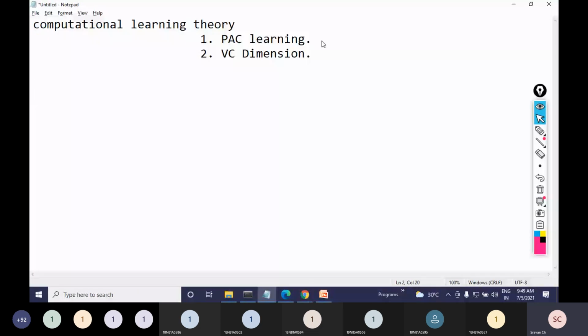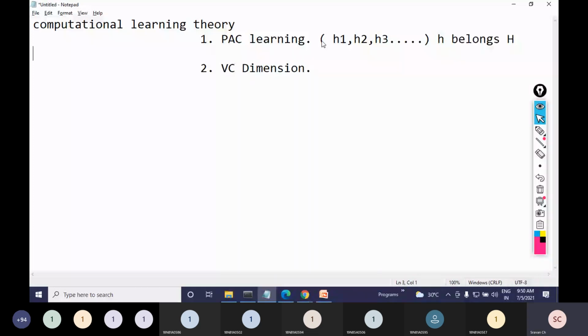So let me write it here. The purpose of this is, suppose you have a hypothesis. Suppose we have a hypothesis called small h, right? So I have h1, h2, h3, like that. I can have multiple hypotheses, and h belongs to capital H, right?